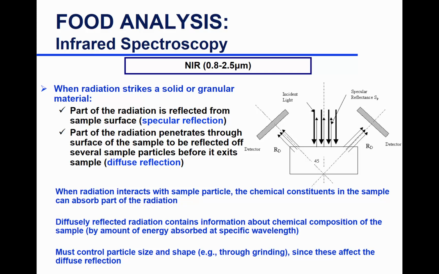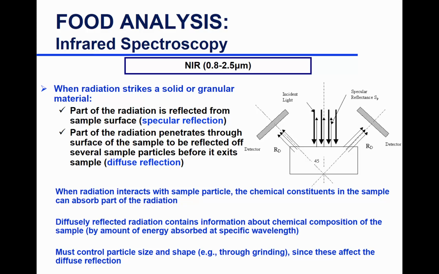And that carries the compositional information, the information of the chemical constituents that absorb the radiation, and from there you can do mathematical calculations to calculate the concentration based on the reflected light.